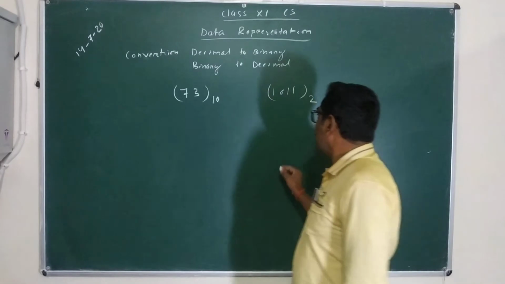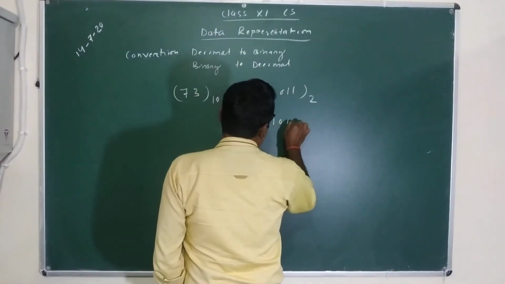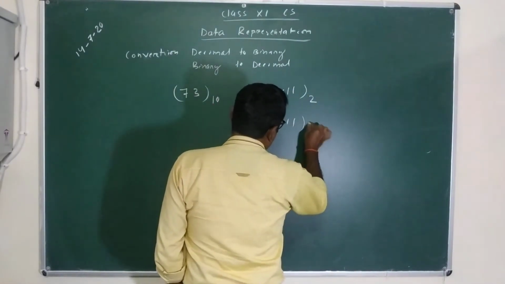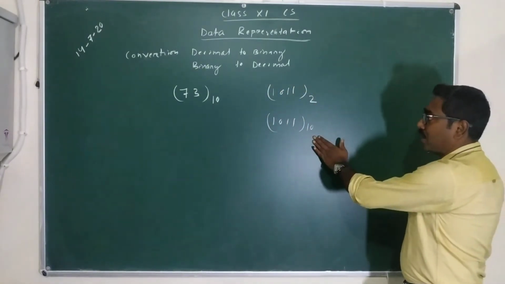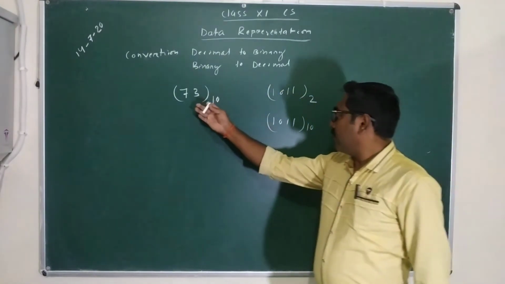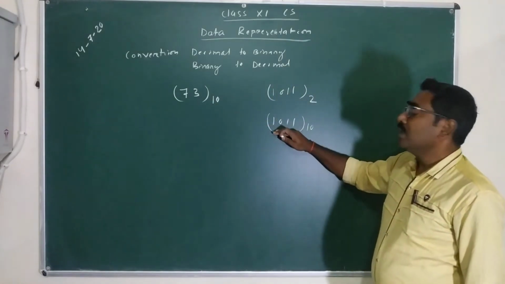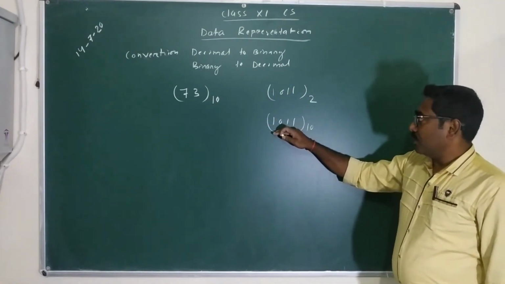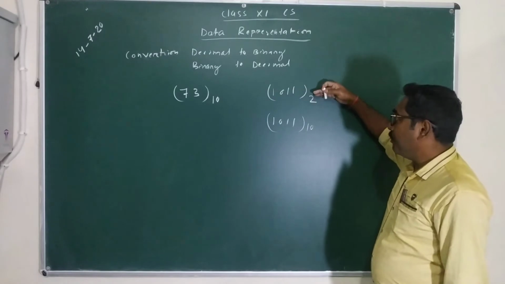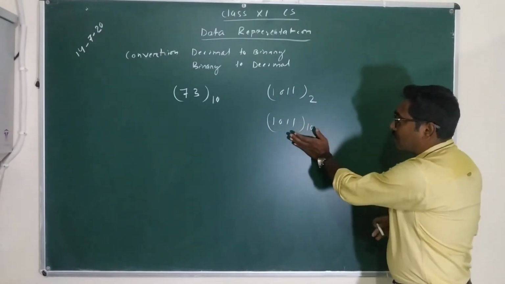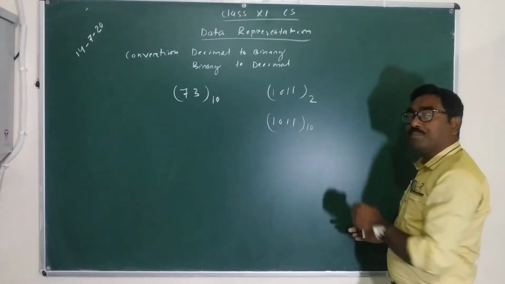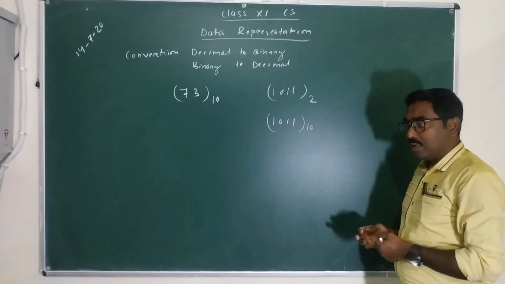Suppose the same thing is written as 1011 base 10. Then this is not a binary number, this is a decimal number. Like 73, 1011 is a number, whereas 1011 base 2 is a binary number.